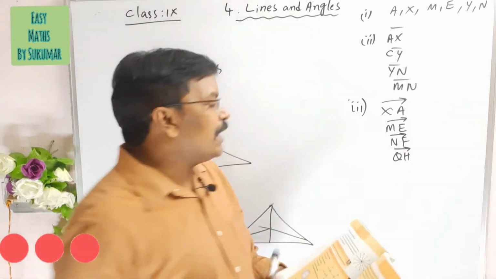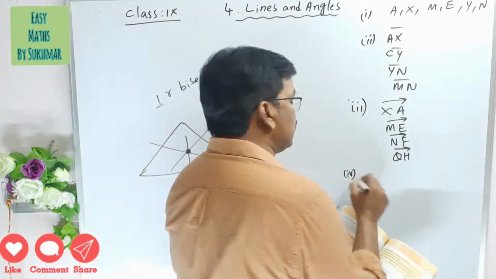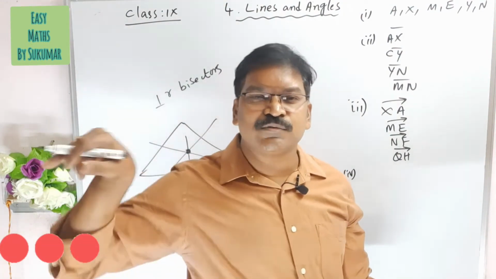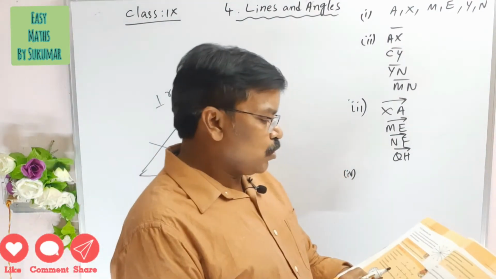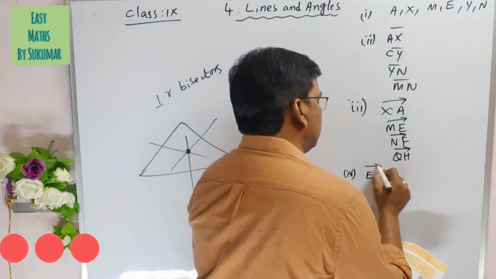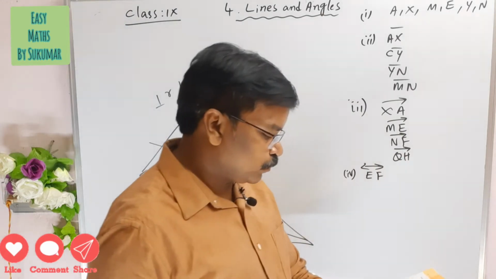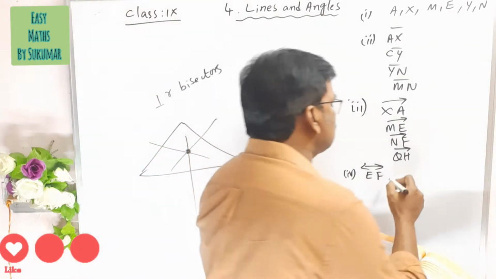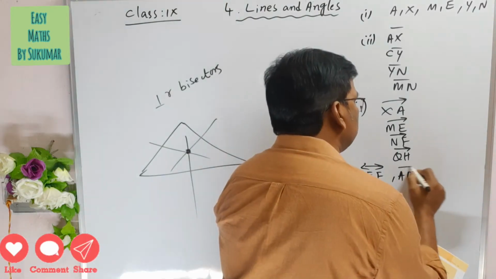And any 4 lines. Next, the fourth one is any 4 lines. A line has no endpoints. Both sides you will find the arrows. Okay. So EF is a straight line. Next one is AB is a straight line. AB.